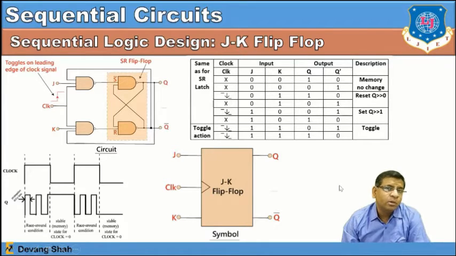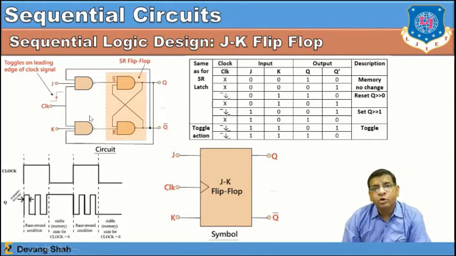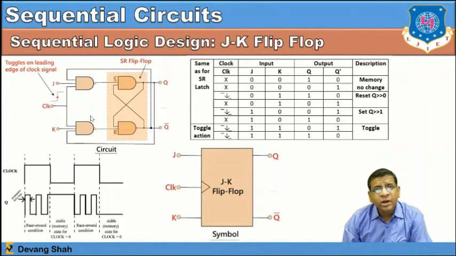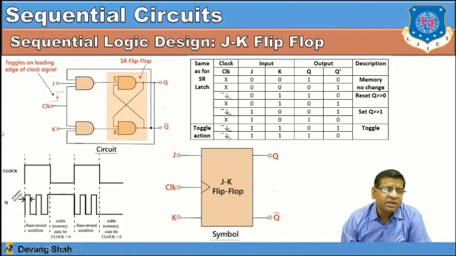Now what is the problem here? The problem is that one of the inputs for the first two NAND gates depends on the previous output. If the clock comes first, and then after one stage you get Q and Q bar at the two NAND gate inputs, this condition we define as the race around condition. Race around condition means that the clock comes first, and after that the previous output signals come.